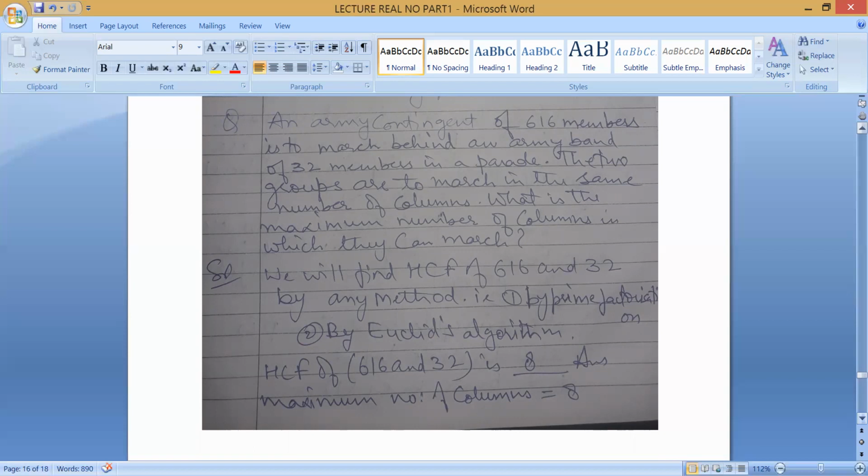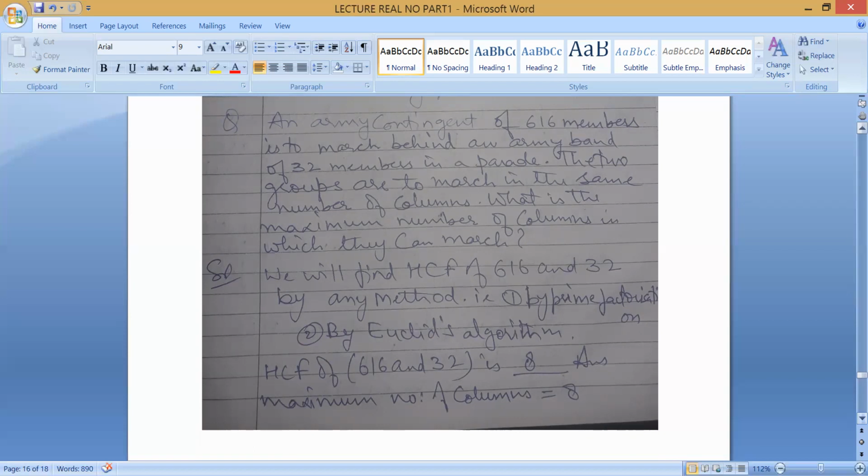Again, here we will find the HCF of 616 and 32. We know HCF can be calculated by two methods: one by the prime factorization method, or second by Euclid's algorithm. It depends on you which method you want to use to find the HCF. So the HCF of 616 and 32 is 8.